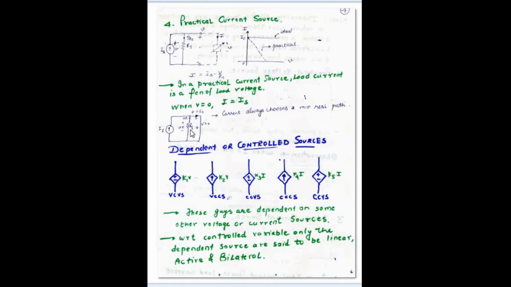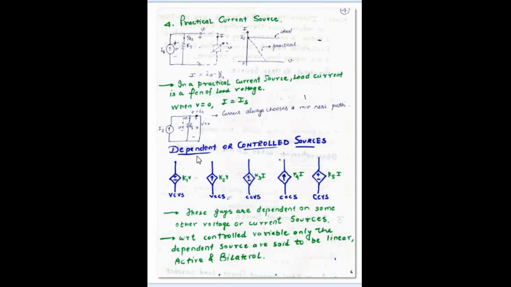Here current is finding the resistance, so it won't go here. It will go into the minimum resistance, or I should say it is 0 here. So the source current will always move on to this low resistance path rather than the higher resistance path. This was a very important observation: current always chooses a minimum resistance path rather than a high resistance path.